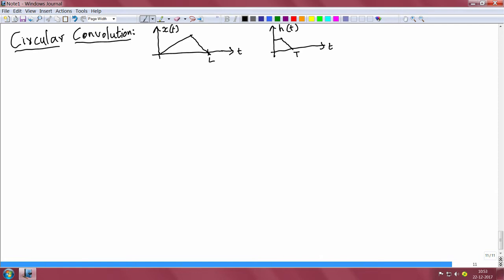Now typically you know how the linear convolution operation is done.